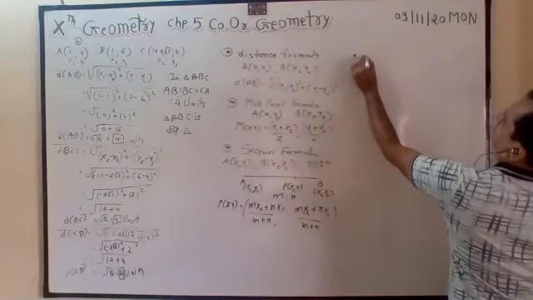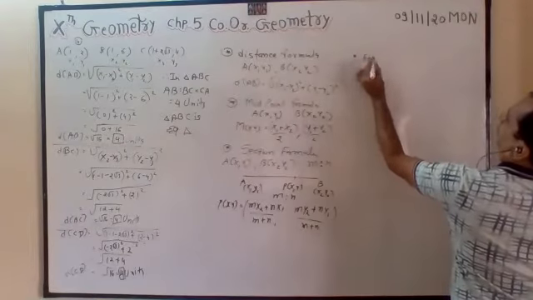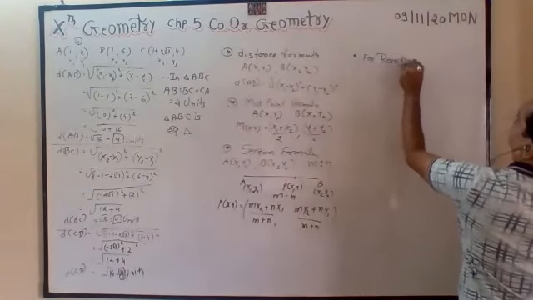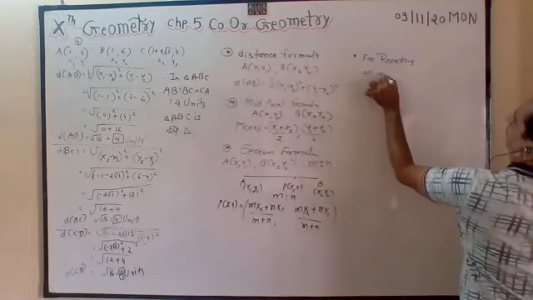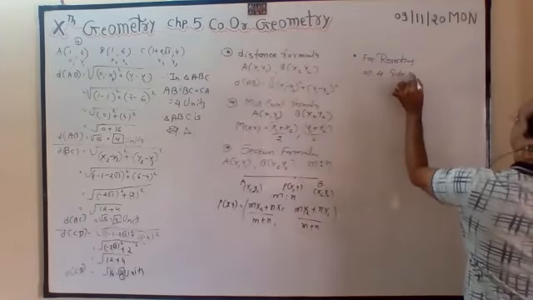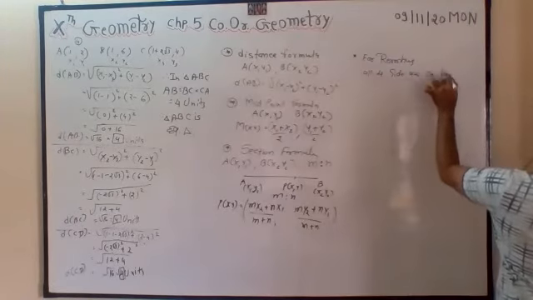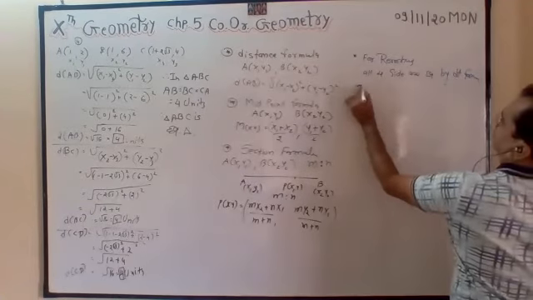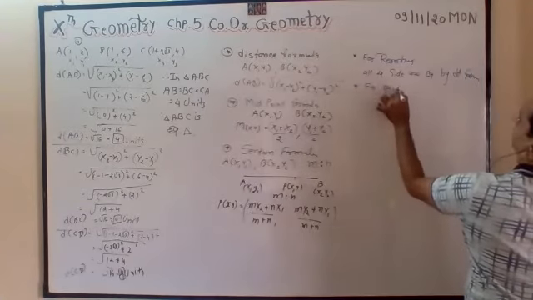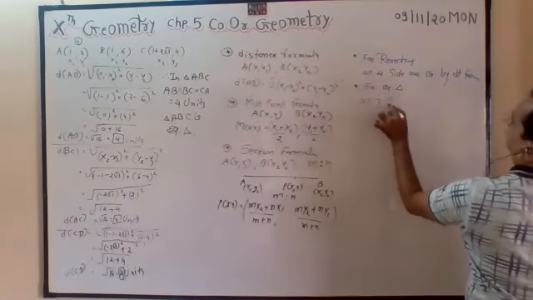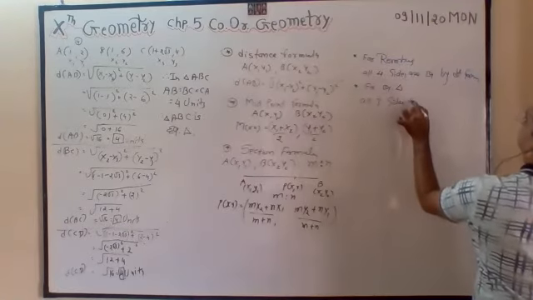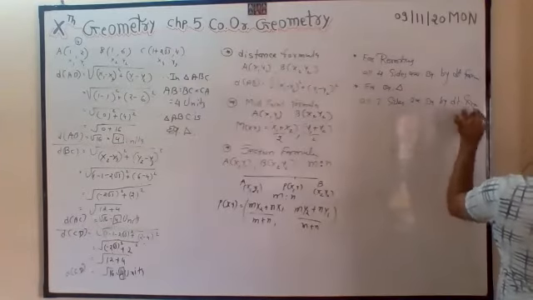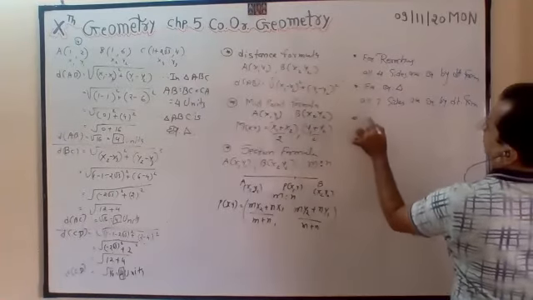Which points have we seen today? For a rhombus, all four sides are equal by the distance formula. For an equilateral triangle, all three sides are equal by the distance formula.